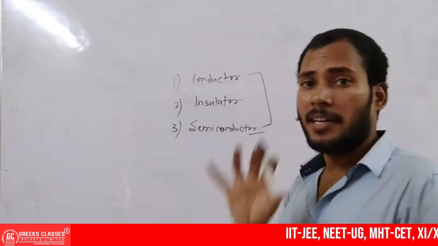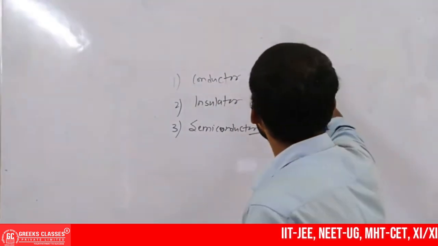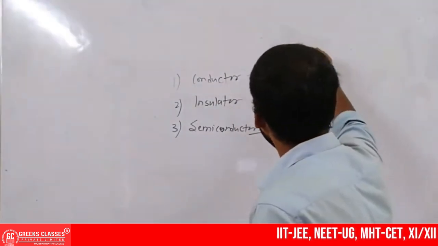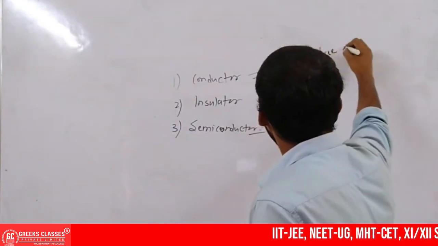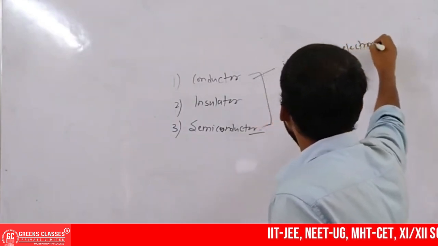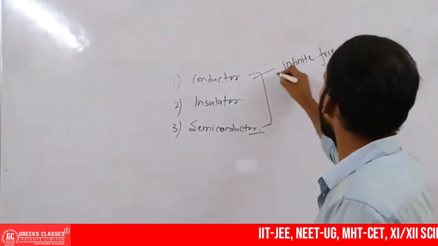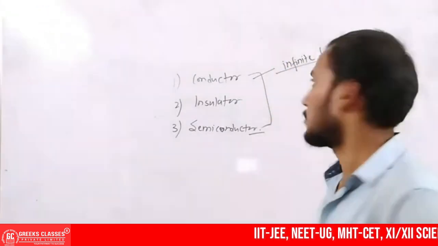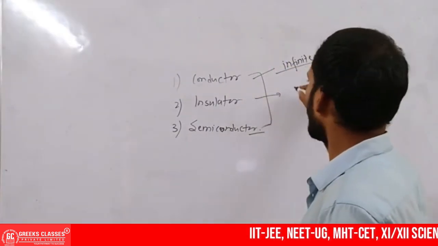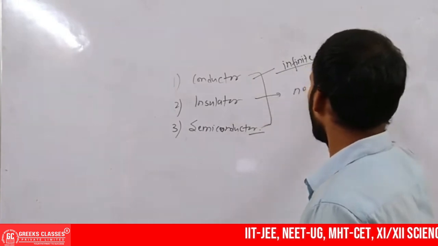First one is conductor. Conductor simply means infinite free electrons. Very basic definition. We won't go into complexity. Very basic definition. Infinite free electrons. Insulator: no free electron.